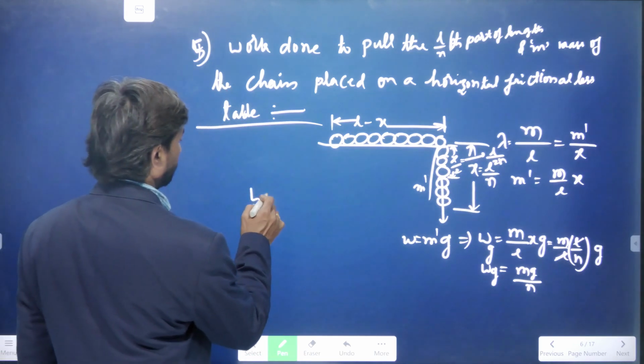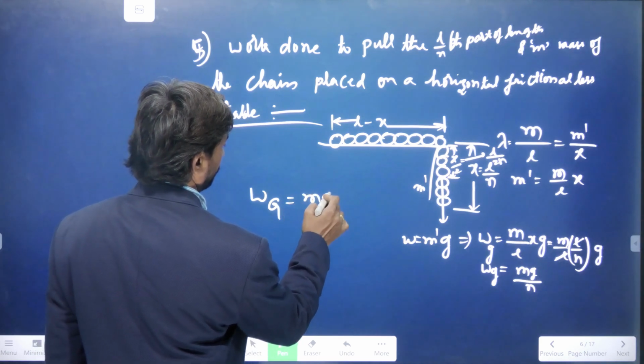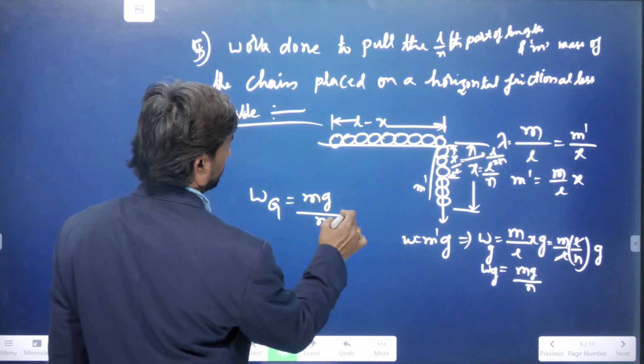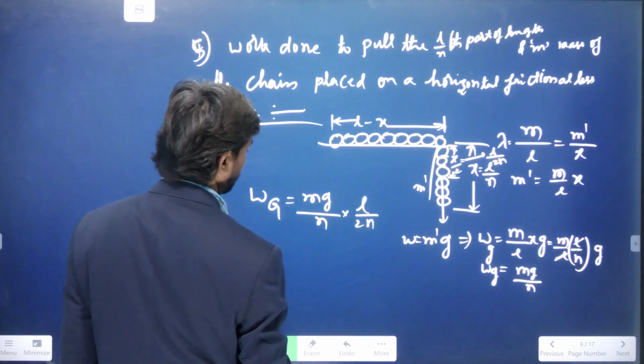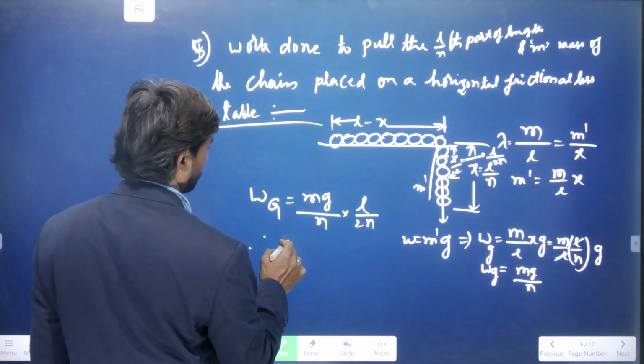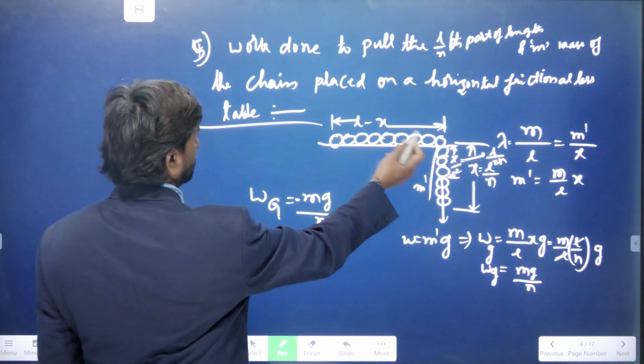So now the work done by the gravity can be written as force mg by n into the displacement L by 2n. Therefore the work done: the weight is always acting in the downward direction and the displacement will be in the upward direction.